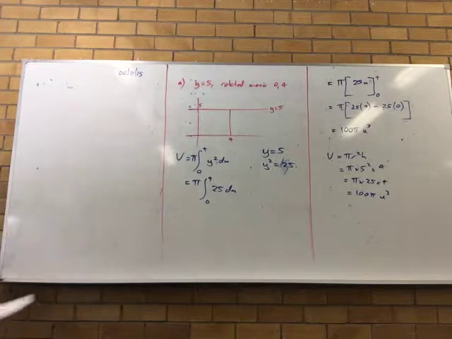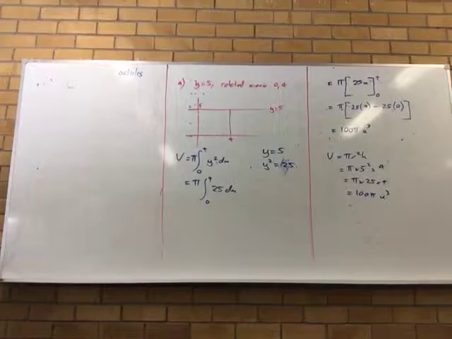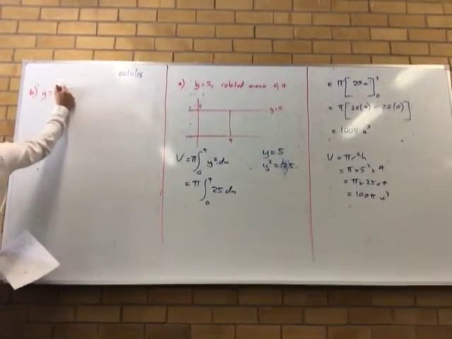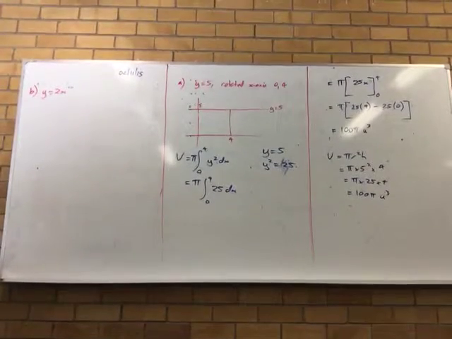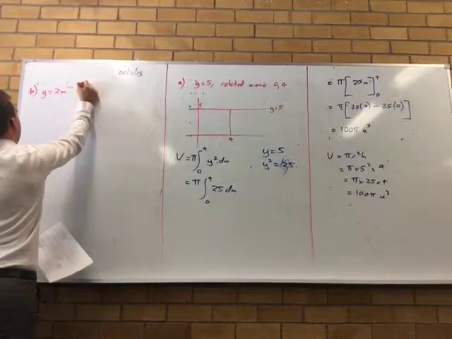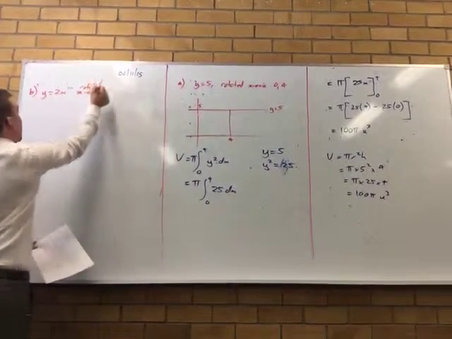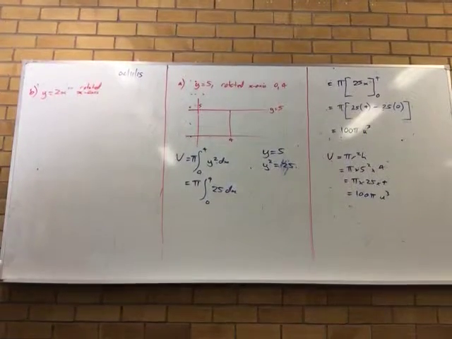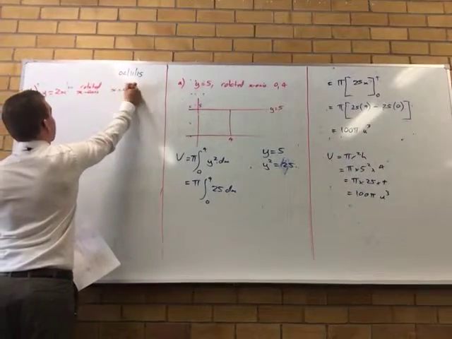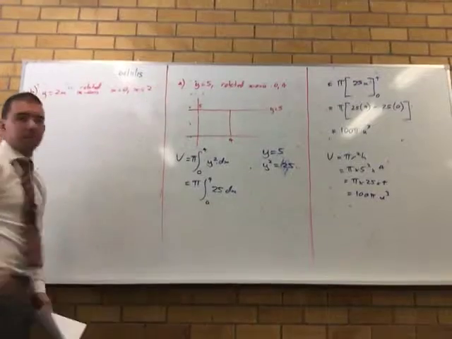Right, B. The line y equals 2x, rotated about the x-axis. This is rotated, so as soon as you see the word rotated, you are finding volume. Between x is 0 and x is 2.